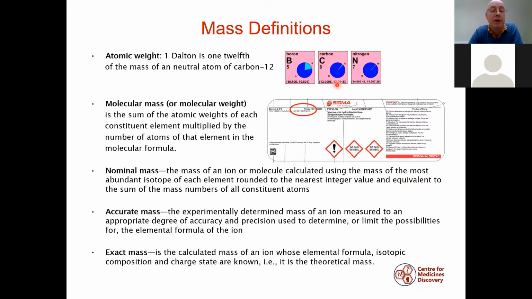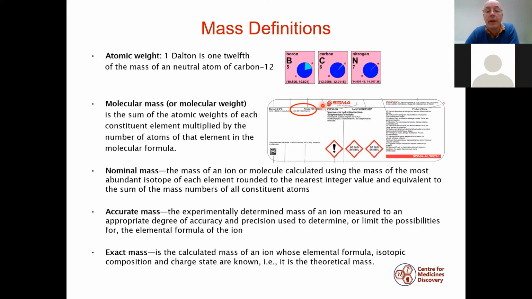So the measurement that most people are familiar with is molecular mass or molecular weight. This is the sum of the atomic weights for each constituent element in your compound, so it's derived from the molecular formula. This is what you would measure out in the laboratory when you're weighing out your chemicals, and this is what is quoted on the label on any bottle of chemicals.